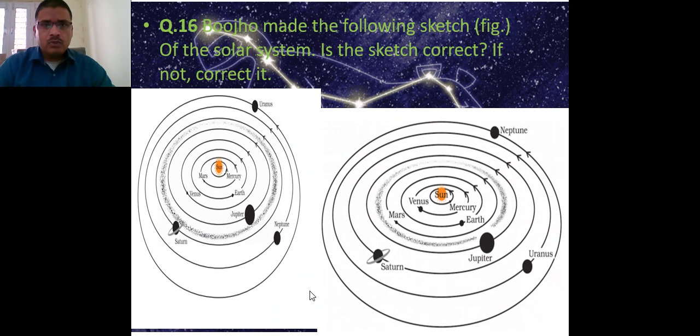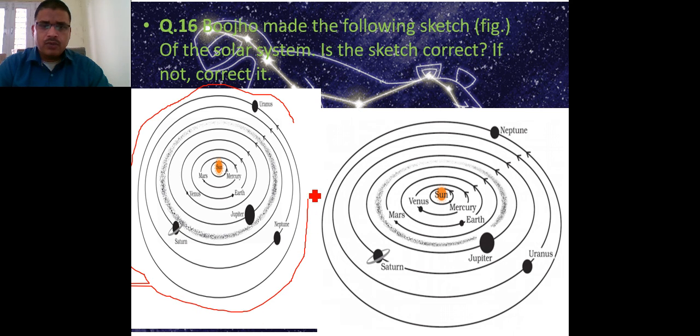Boojo made the following sketch of the solar system, which is given in your book, and it is incorrect. Now we have to correct it. Here it is the Sun, and nearby the Sun two positions are mentioned incorrectly.